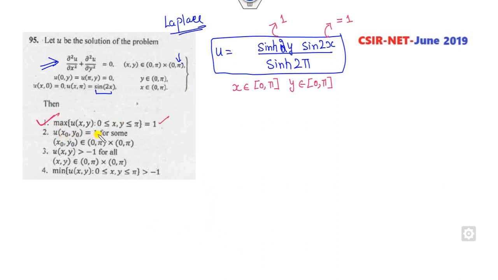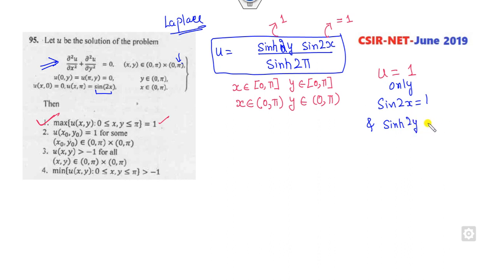U of x comma y is 1 for some x naught lies in the open interval, y lies in the open interval of this. So now you can see u will be 1 only when sine of 2x is 1 and sine hyperbolic 2y over sine hyperbolic 2 pi is 1.